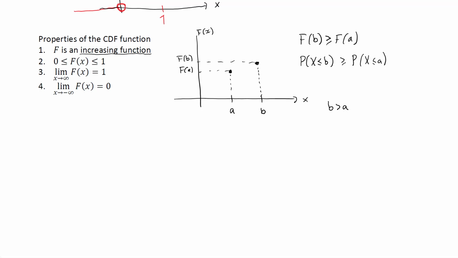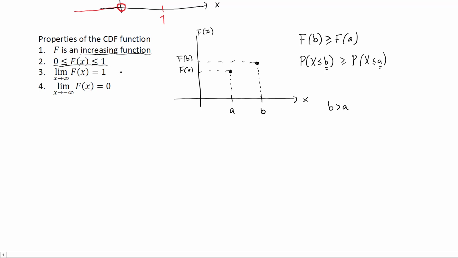And that must be true if b is a number that's greater than a, if P is to be a valid probability measure. The second thing we can see is that F of x is always between 0 and 1. It cannot be greater than 1, it cannot be less than 0. That too is not too hard to understand, and that's simply because the CDF function is a probability, so it must lie between 0 and 1.